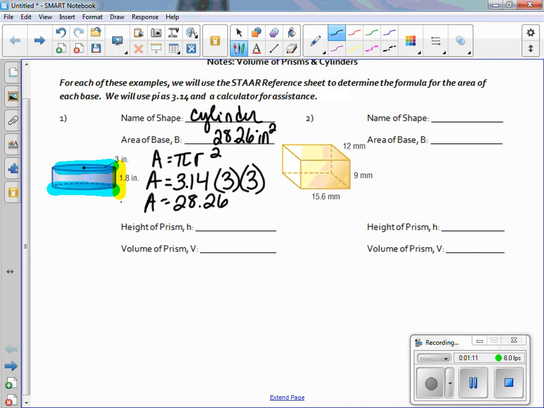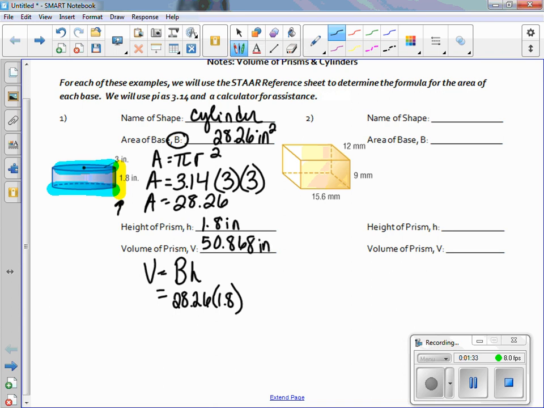Now the height of the prism is the yellow, so that's 1.8 inches. The volume formula is big B times H, where big B is the area of my base. So 28.26 times my height, and when I multiply those two together, I get 50.868.